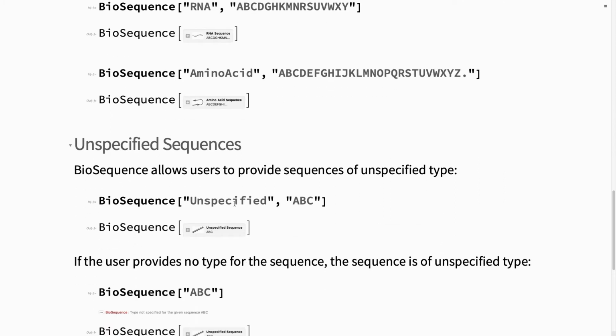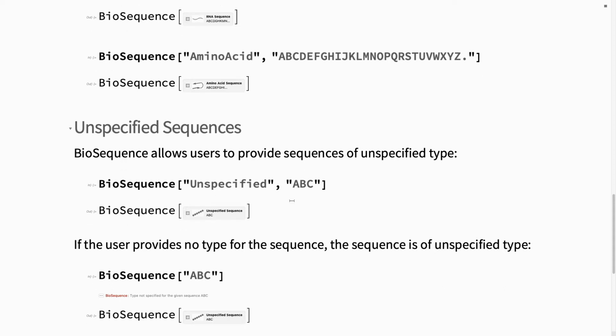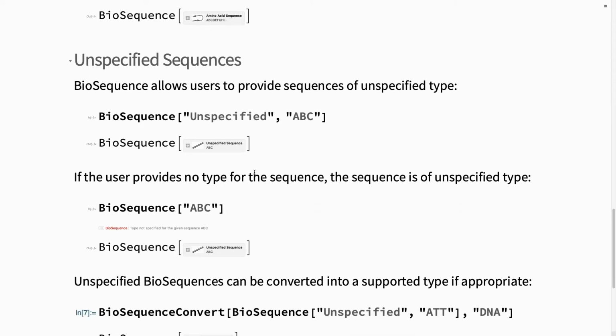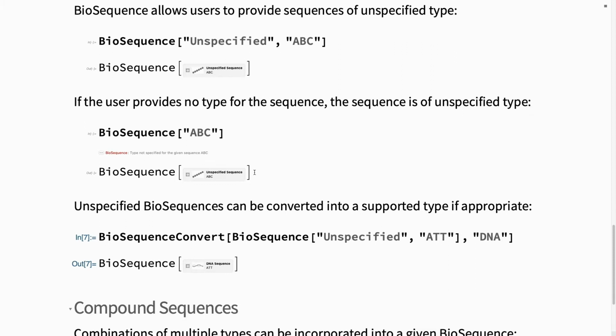Oftentimes, we'll have some other unsupported thing that's just really handy to represent, like if we're adding a particular chemical to cap off a sequence of DNA, something coming off a piece of lab equipment, a particular indicator. It's good to have something that you can just throw on there that's unspecified.